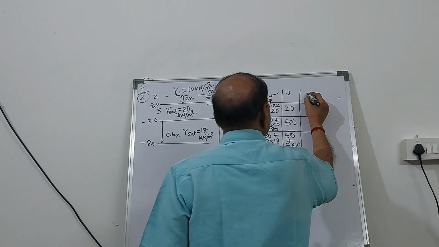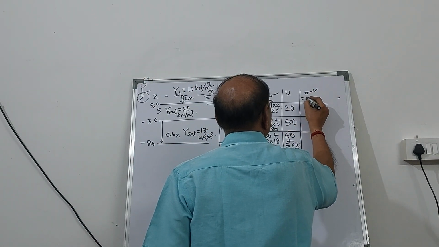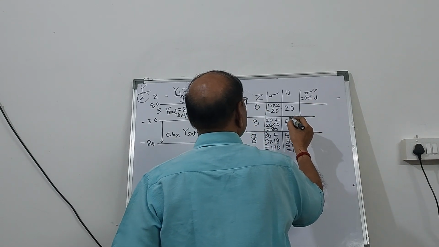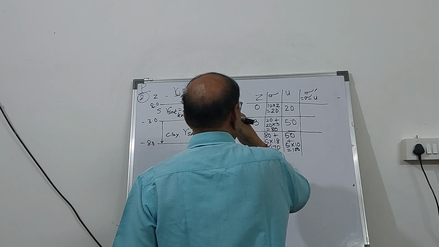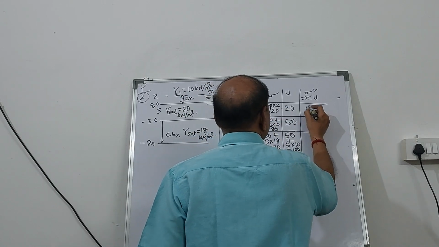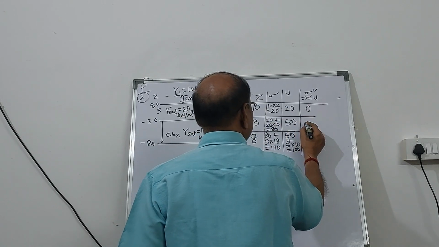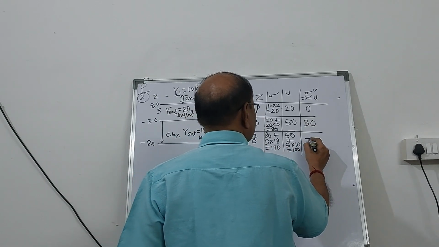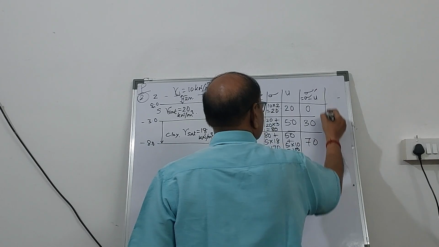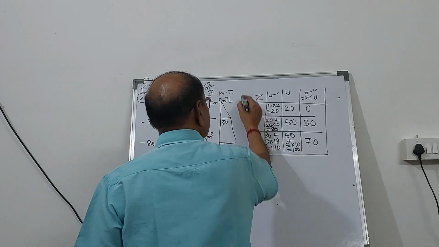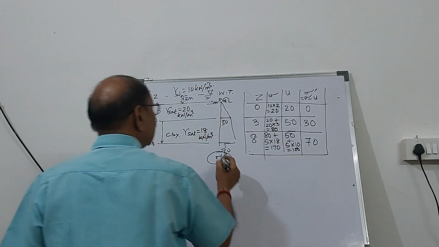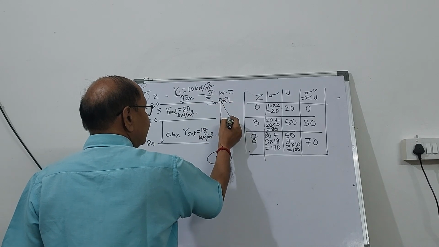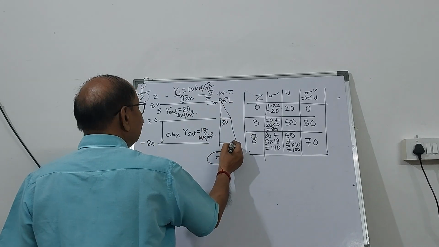Therefore, the effective stress, equal to total stress minus pore water pressure, is to be calculated. So 20 minus 20 becomes 0 here, 80 minus 50 becomes 30 here, and 170 minus 100 becomes 70 here. So if you plot it, it is 0 here, 30 here, 70 here.